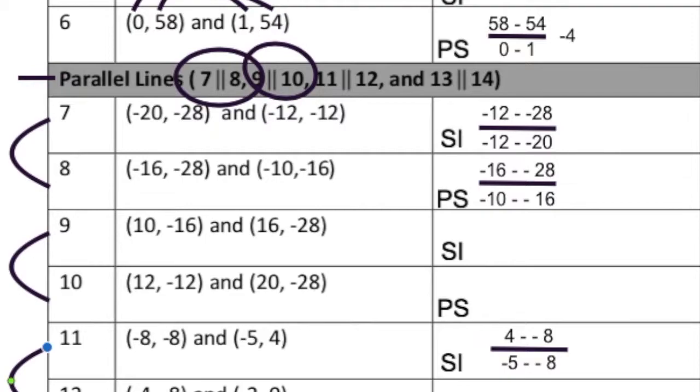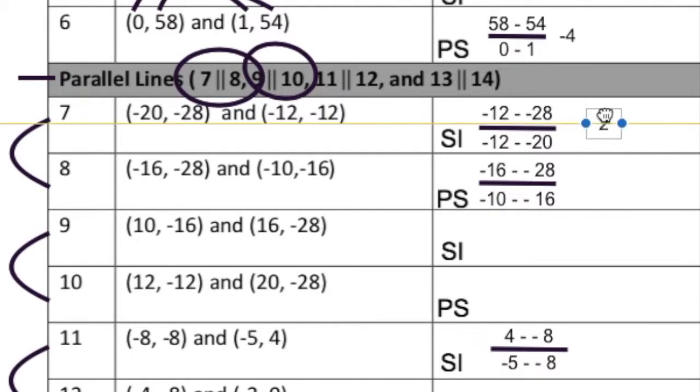Okay, so I'm going to put a text box here and type in 16 over. In the denominator, I have negative 12 plus 20, which is a positive 8. And so 16 divided by 8 is equal to 2. So the slope for line 7 is equal to 2.